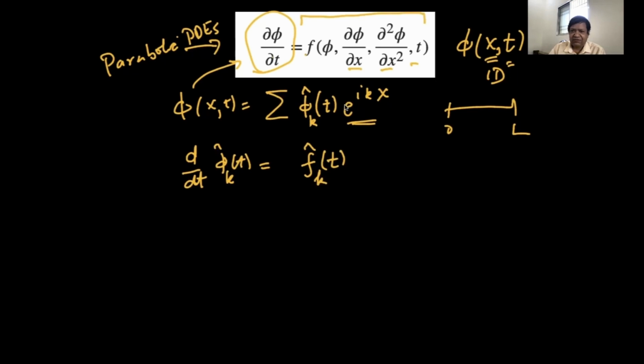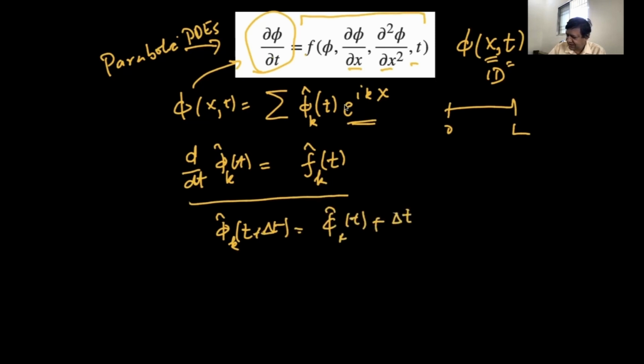Once we have this Fourier transform, once we have this equation, then we can use any of the methods described before. For example, the Euler method will give us phi k of t plus delta t equal to phi k of t plus delta t times f hat k of t.